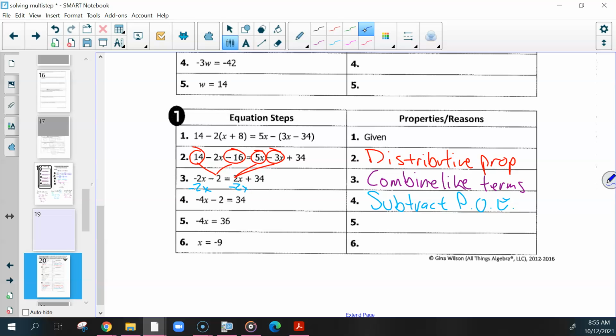From step 4 to step 5. Now you have to. Yeah. And step 5 to step 6. Yeah. Divide both sides by -1.